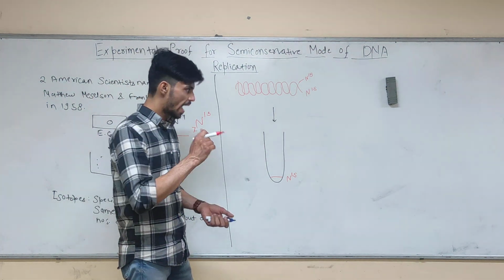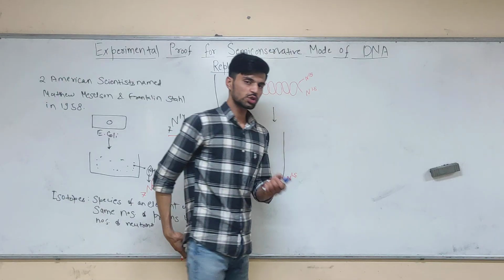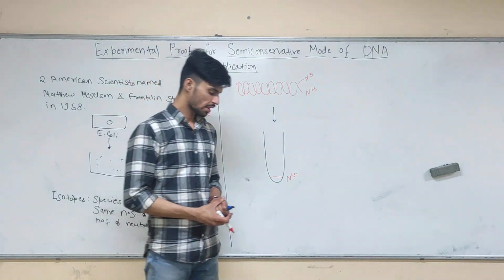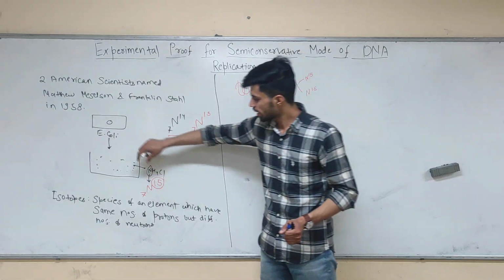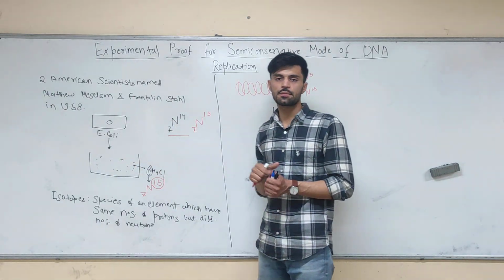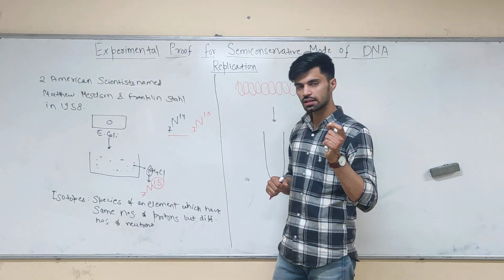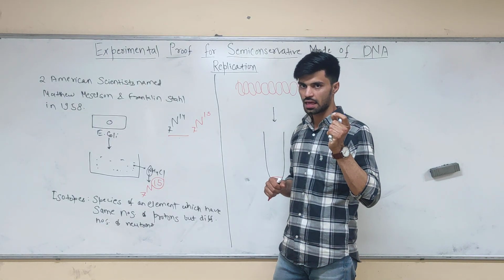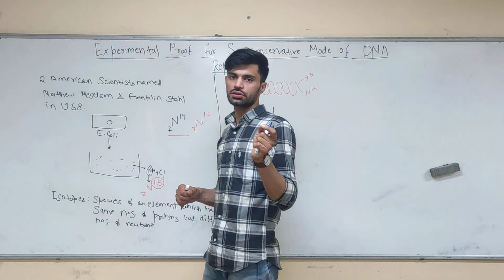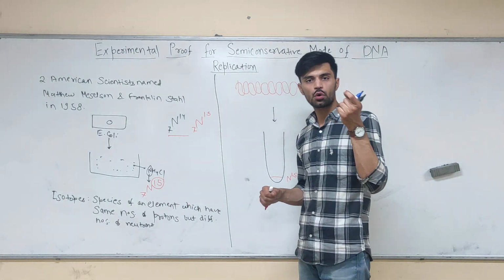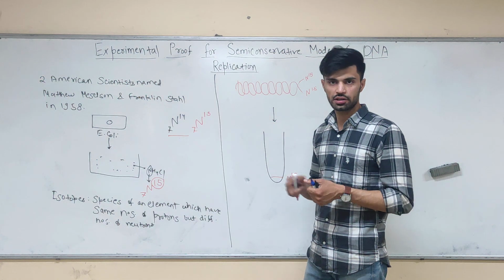Then Meselson and Franklin Stahl take one bacterium from this culture plate, and instead of growing these bacteria in the N15 kind of nitrogen, they grow these bacteria in the normal N14 kind of nitrogen plate.